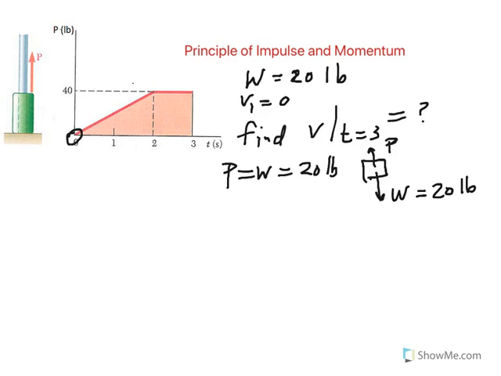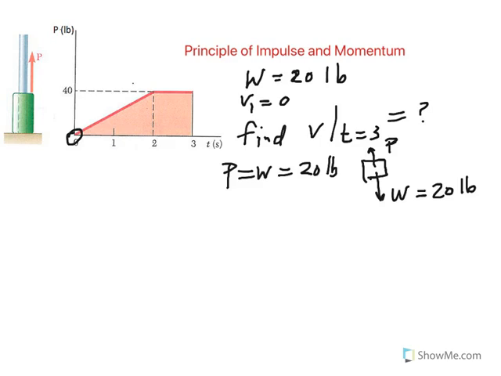Where does 20 pounds happen? It happens right here at t equal 1 second. If you could not see that, this is by inspection, because we go from 0 to 40 and halfway is 20, and halfway between 0 and 2 is 1.